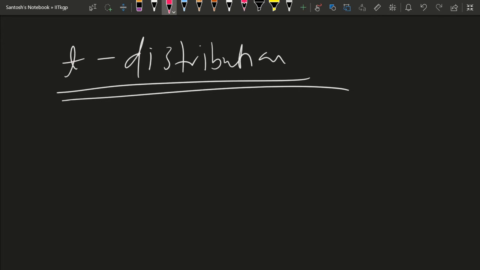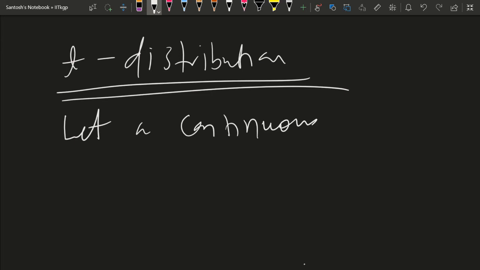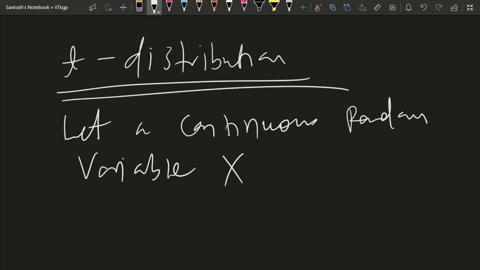So if I define, in a simple way, let a continuous random variable x, so I'm writing in terms of x only, or you may write in terms of t also if you want.